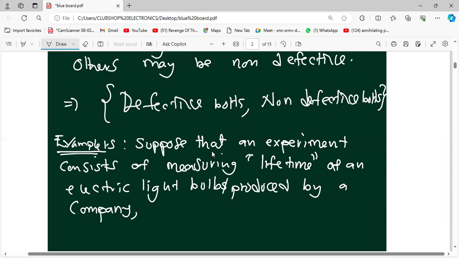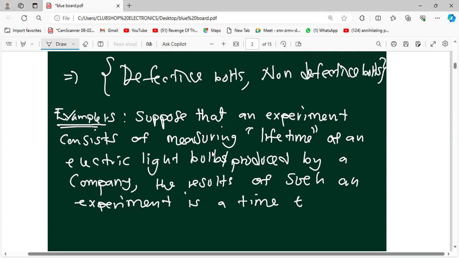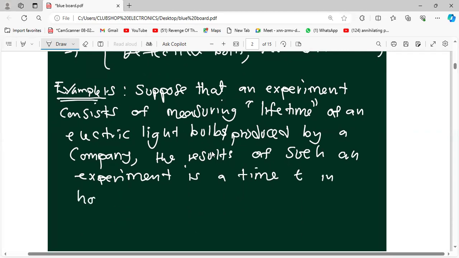Okay, now what could be the results? So the results of such an experiment is maybe a time, and let's assign time as t, in hours, that maybe lies in some interval, all right?